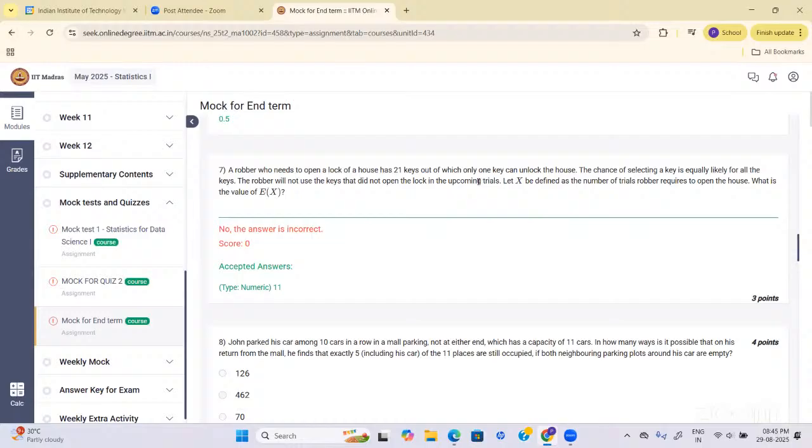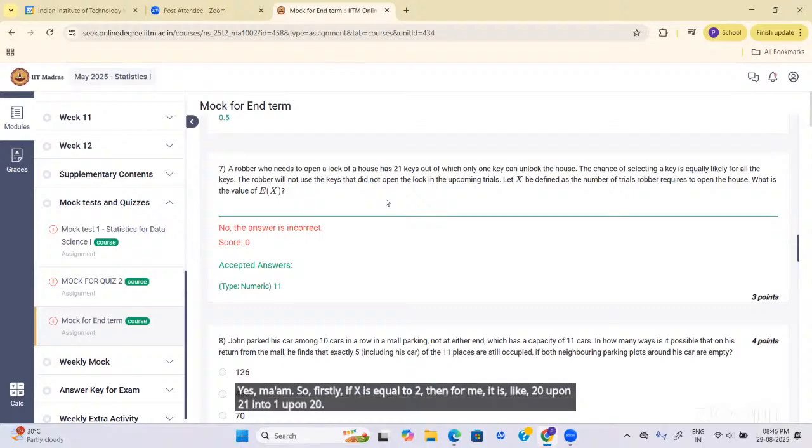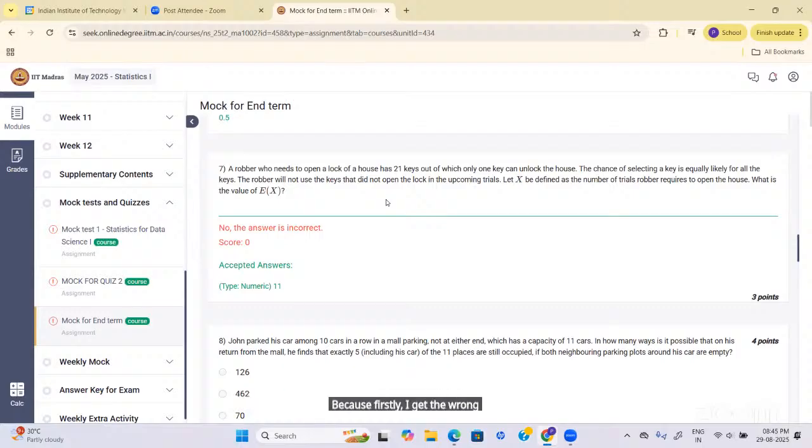Yes, so the key that you have used, you will not use again. Yes, ma'am. So if X is equal to 2, then for me it is 20 upon 21 into 1 upon 20, because firstly I get the wrong key and then the right key. It will cancel out and ultimately become 1 by 21 only. Ma'am, I didn't get how to do this.